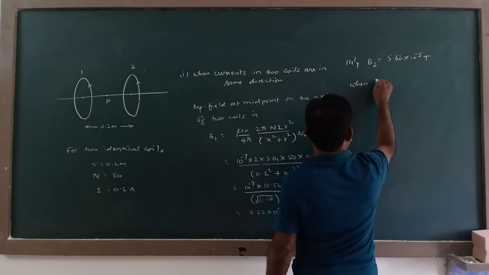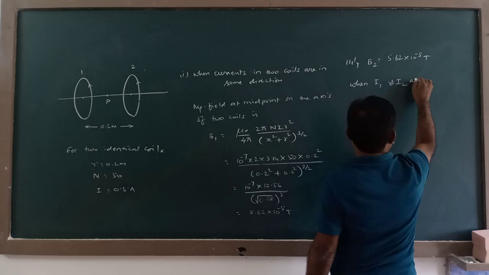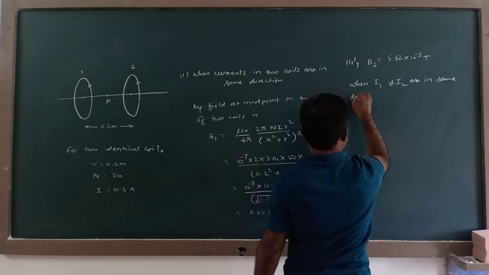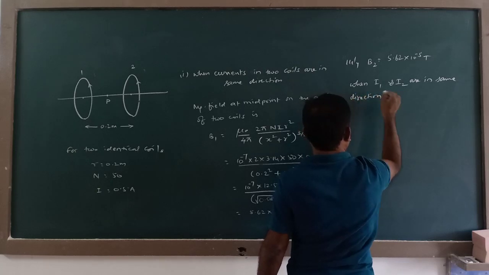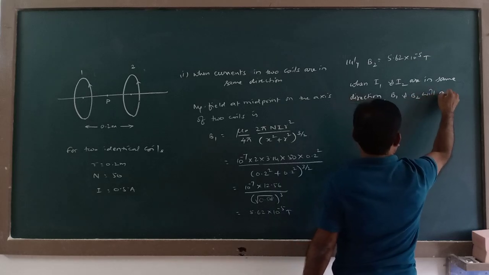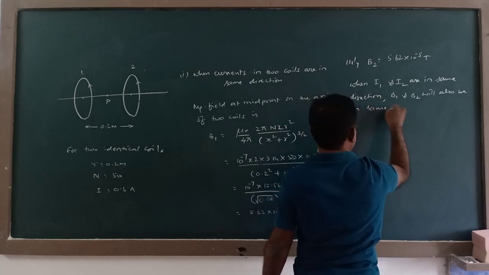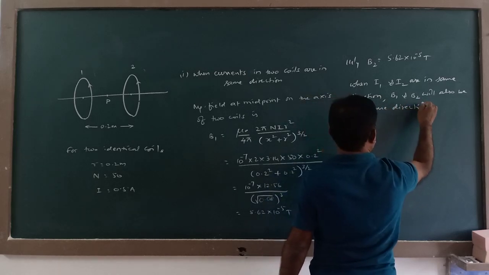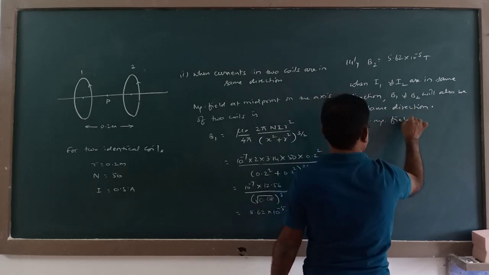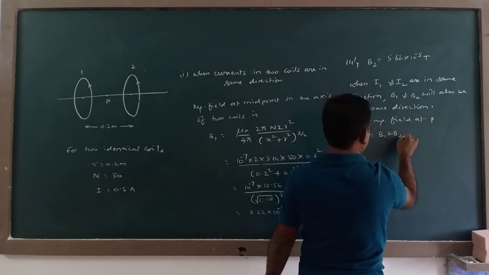So, when I1 and I2 are in the same direction, B1 and B2 will also be in the same direction. Therefore, the resultant magnetic field at P, B, is equal to B1 plus B2.